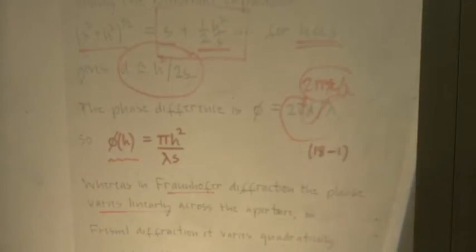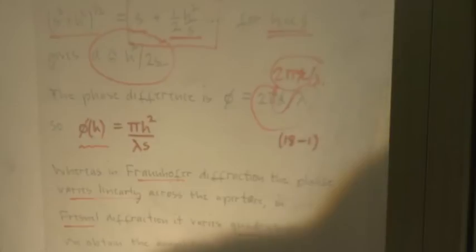That's precisely what leads to that lovely simple, well, you might not think it's simple at this stage, Fourier transform. And so you can solve the whole of Fraunhofer diffraction with Fourier transforms. With Fresnel diffraction, it's varying quadratically, so we've got a more difficult problem to solve.